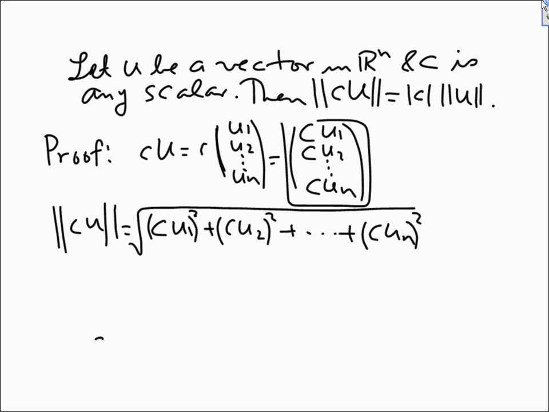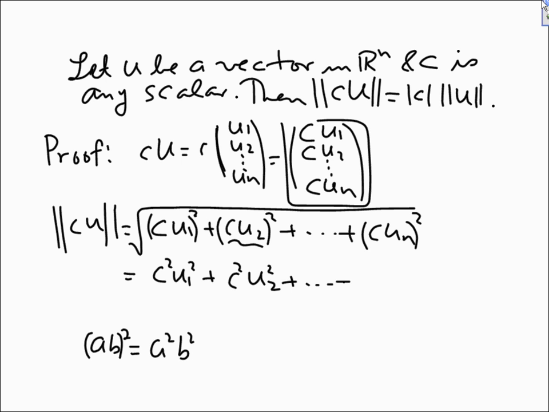Now please remember, if you have a product AB being squared, you have A squared B squared. So this is C squared U1 squared, C squared U2 squared, all the way down to C squared Un squared, square root.